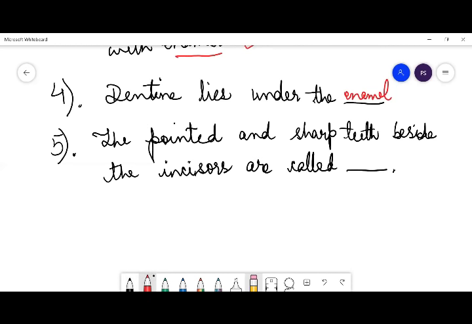First of all, which type of teeth is pointed and sharp? Do you remember that? I hope all are remembering. This type of teeth is well developed in flesh-eating animals, for example, lion, and in dogs also you can observe it. So the pointed and sharp teeth are the canines. So the pointed and sharp teeth beside the incisors are called canines.